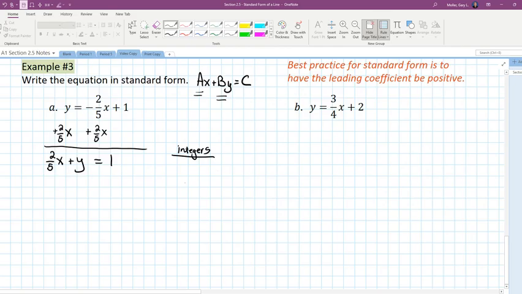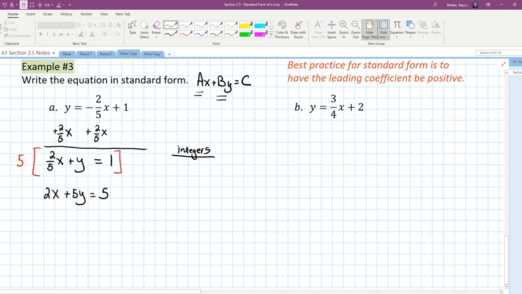So if I multiply the entire problem, all sides, by 5, then the 5 times 2/5 will cancel out, and I'm left with simply 2x. Nothing cancels when I multiply by the y, so I get 5y, and I multiply by 1, and I get 5.